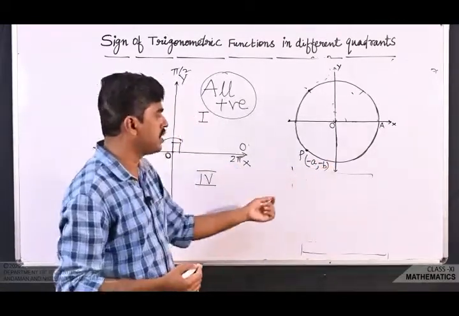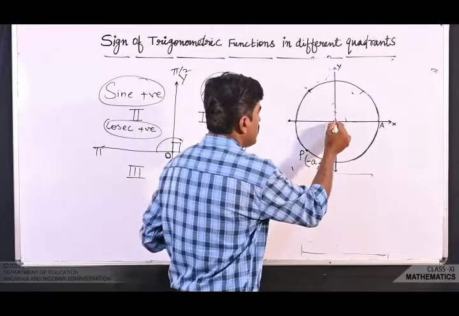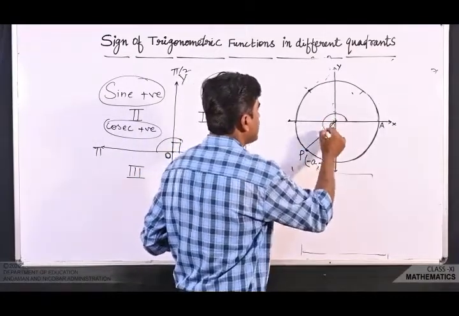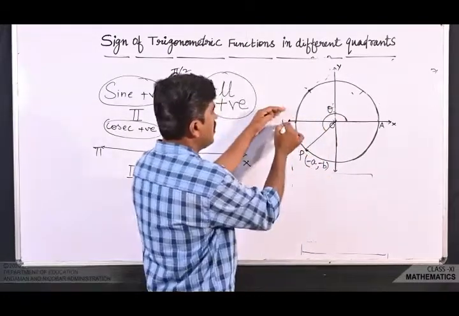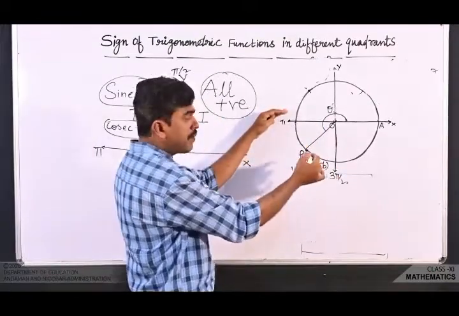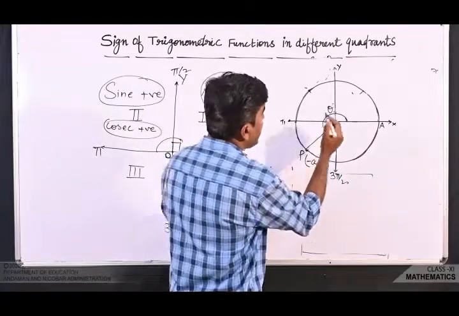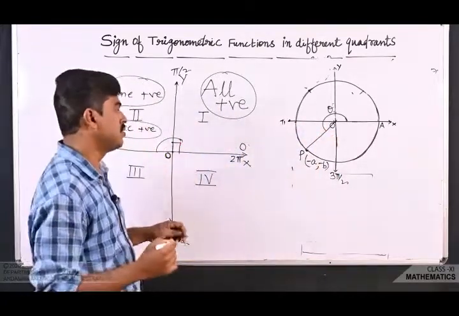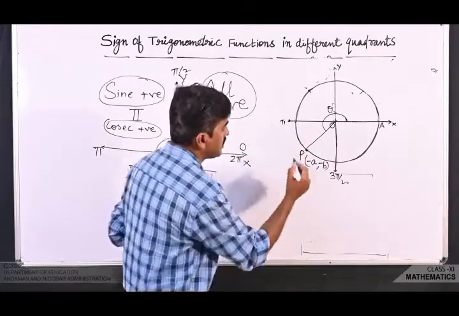Here both the x coordinate and y coordinate are negative. So this is the angle theta. Here theta is greater than pi, here it is the angle pi and it is 3 pi by 2. So theta is greater than pi and less than 3 pi by 2. So theta lies in the third quadrant. This point also lies in the third quadrant.